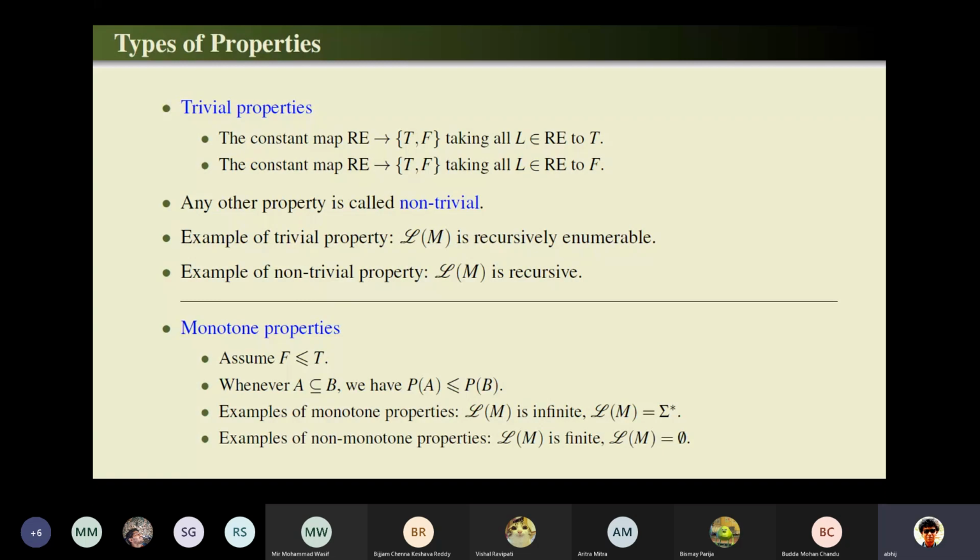So this is not allowed if we call that property monotone. So this is a non-monotone property. Likewise, language of M is the empty set is also a non-monotone property, because I can take A to be the empty set and B something non-empty, and A is contained in B. The property is true for A but false for B. So these are non-monotone properties. Okay, any other query?